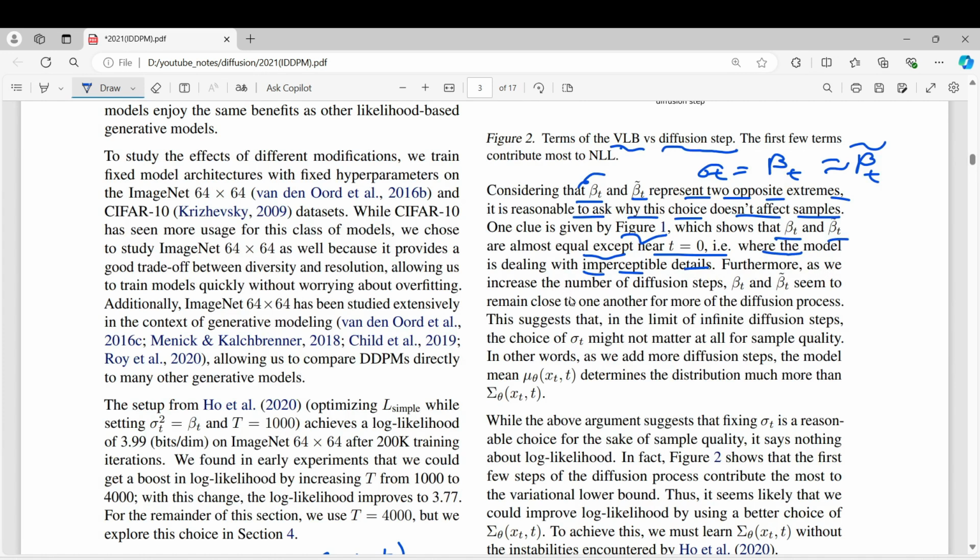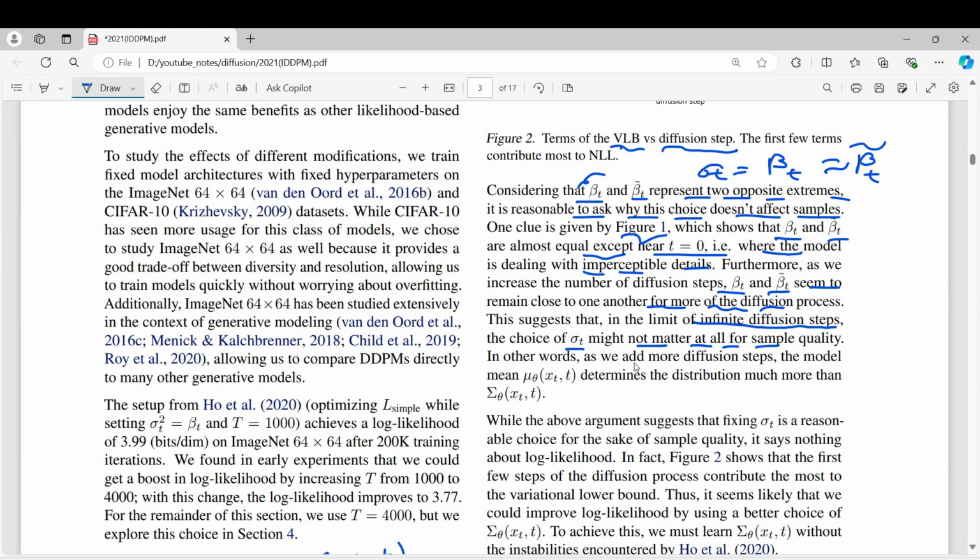Furthermore, as we increase the number of diffusion steps, beta t and beta tilde seem to remain close to one another for more of the diffusion process. This suggests that in the limit of infinite diffusion steps, the choice may not alter the sample quality.